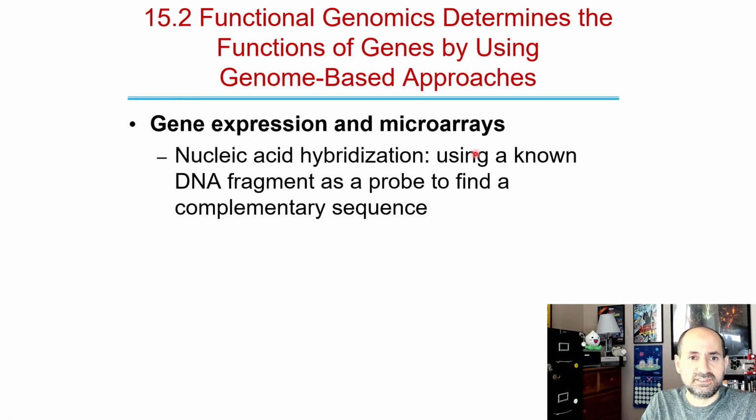Here's another interesting area of study, gene expression with microarrays. Microarrays are fascinating. What microarrays let you do is figure out gene expression profiles of cells. What does gene expression mean? Remember, a gene turns on, you get transcription, then translation.